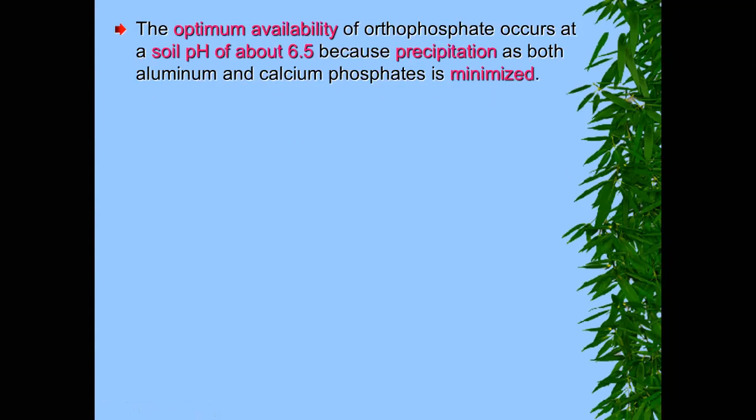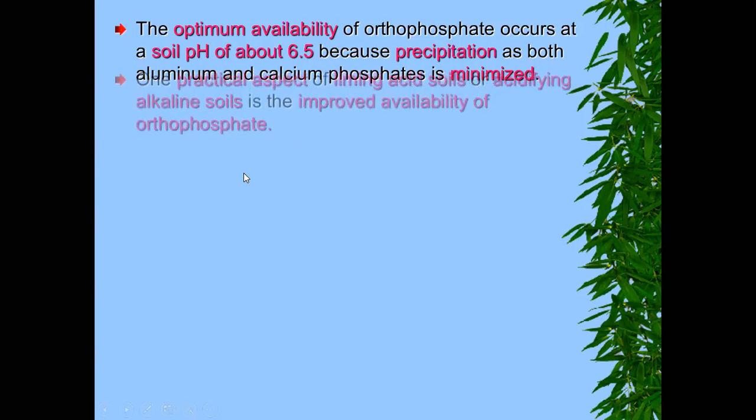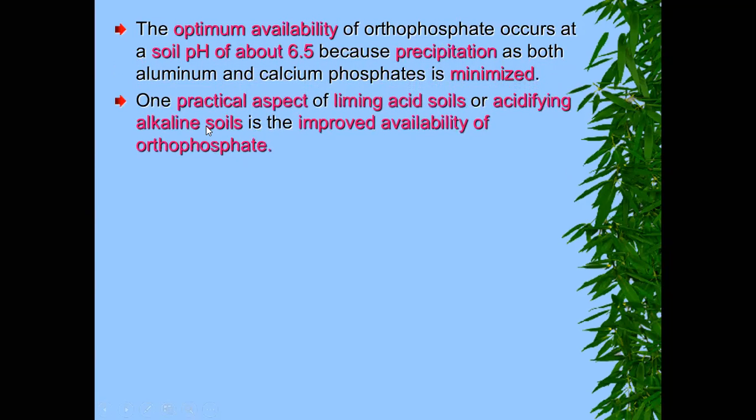So maximum phosphorus availability is at pH of about 6.5. And one practical aspect of liming acid soils or acidifying alkaline soils is the improved availability of orthophosphate.